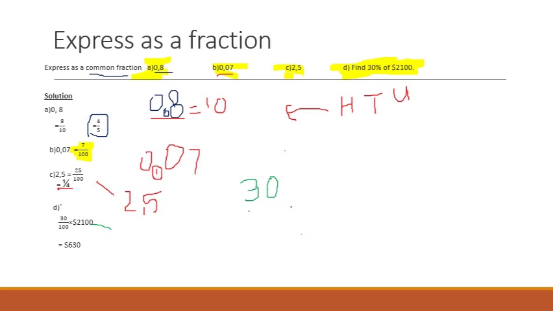When we want to find it, we convert it to a fraction: 30 over 100. It has to be divided by 100. Then we multiply by 2,100, like that.